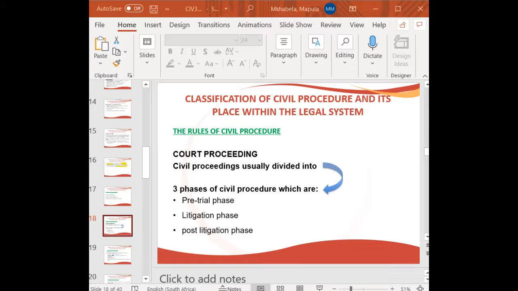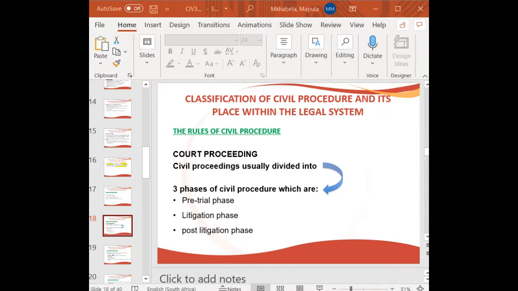Then ultimately a lawyer will draft a letter of demand on behalf of a client once the above 3 steps that I have mentioned, which are whether a client has a cause of action, locus standi, and jurisdiction.